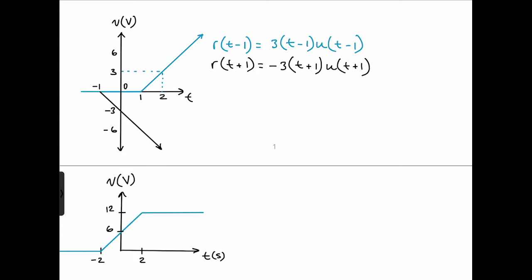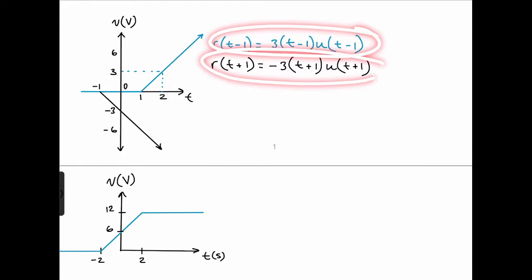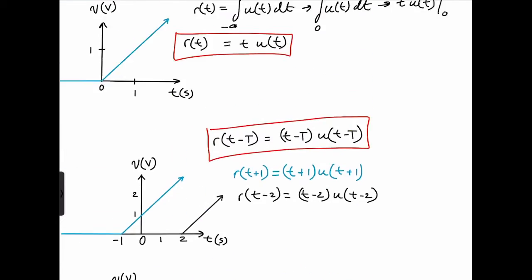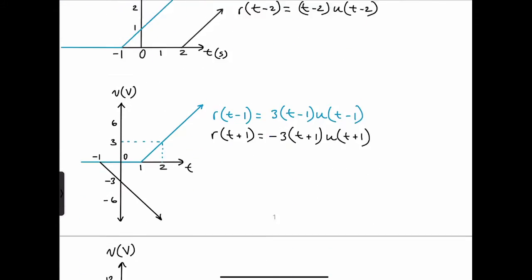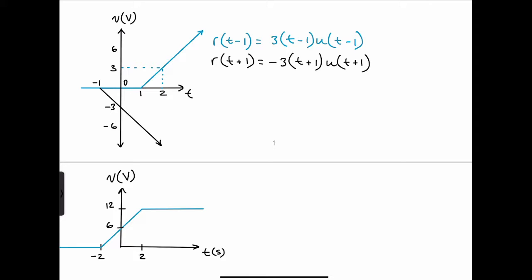Now that we went over the ramp functions, let's also write those. So this is using the time-shifted ramp functions. However, what if we wanted to use the ramp function? Well, we could basically write that as R of t minus 1 is equal to 3, and now we use the ramp.